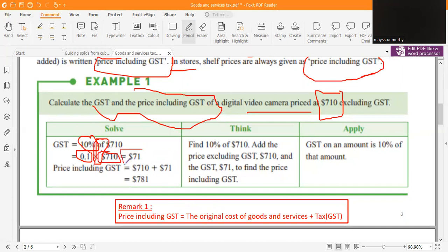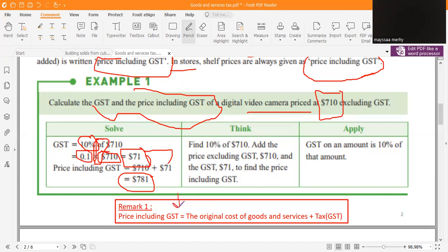We obtain a tax amount equal to $71. If we add this tax to the price excluding GST, we will obtain the price including GST of the digital video camera, which is equal to $781.